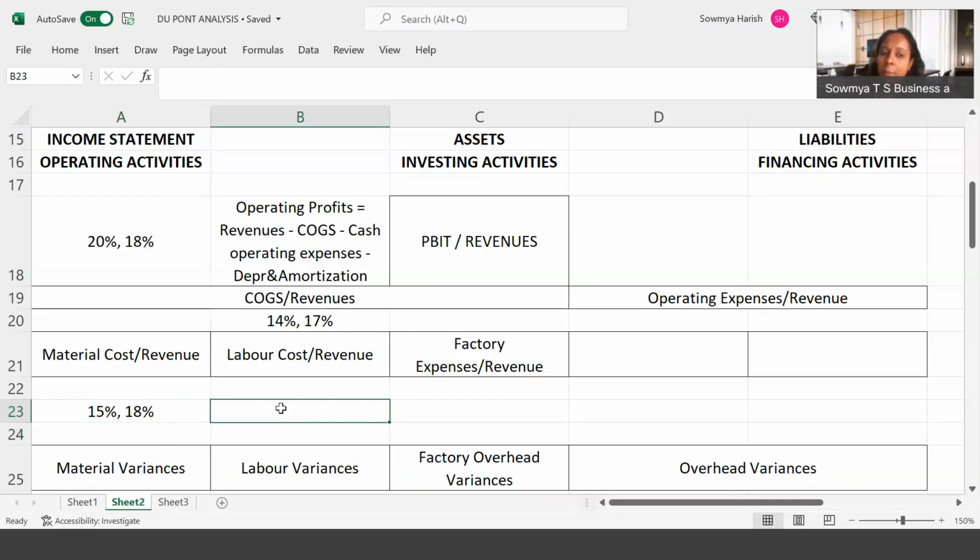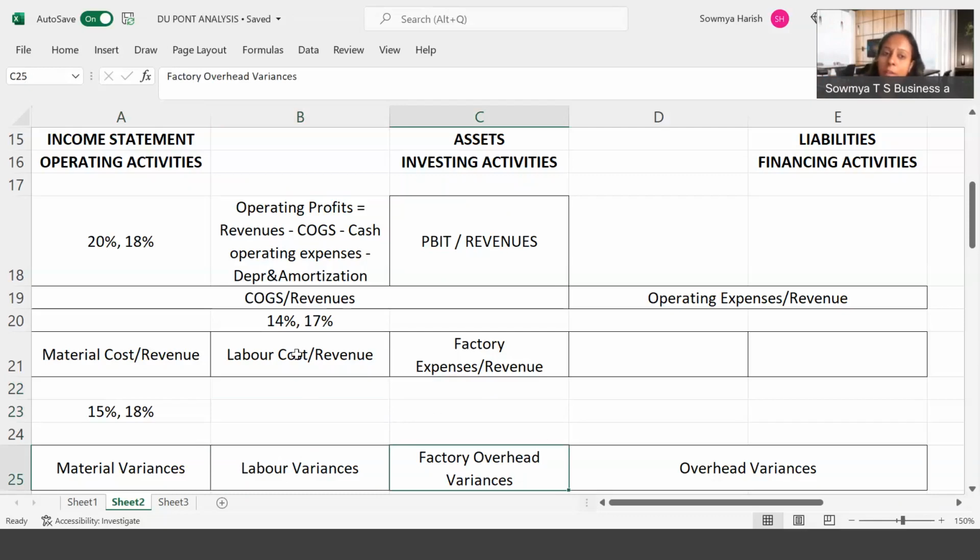If there is an increase in labor cost, it may be due to an increase in the labor rate or wage rate, or maybe no proper utilization of the labor in the factory or the firm, or maybe because there is inadequate labor. Because of all these things, there might be an increase in labor cost, and to know the exact reason, we apply labor variances. Similarly, even in case of factory overheads or factory expenses, we apply factory overhead variances.